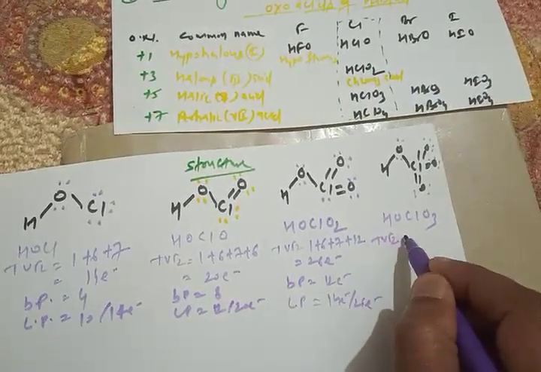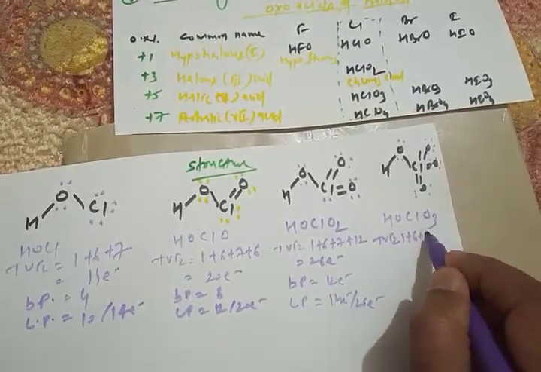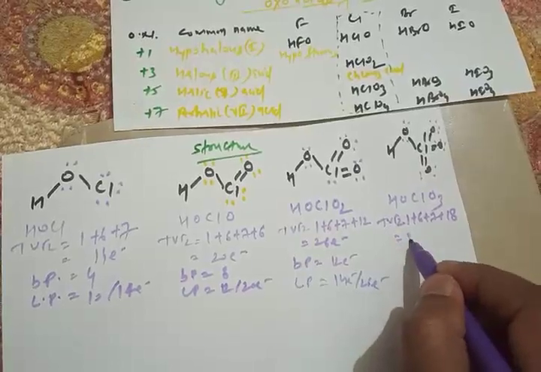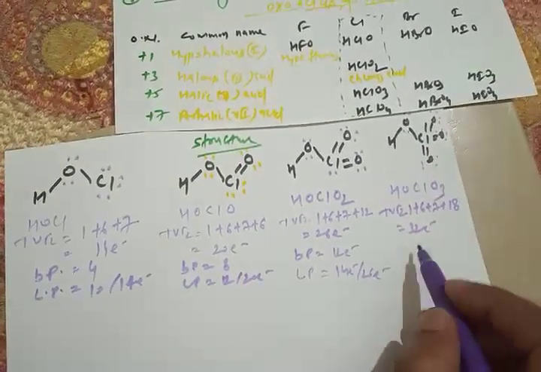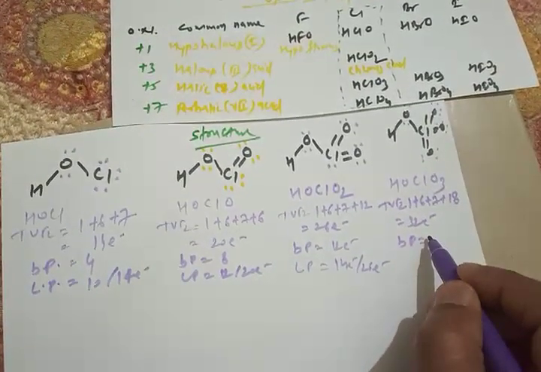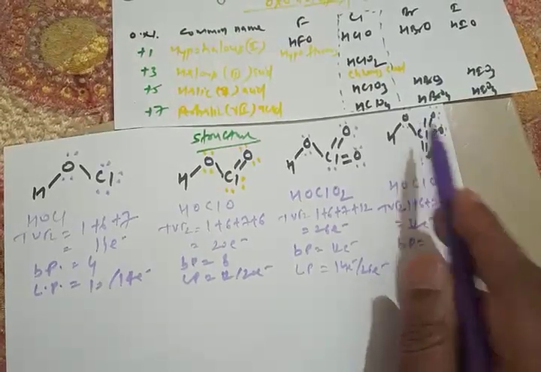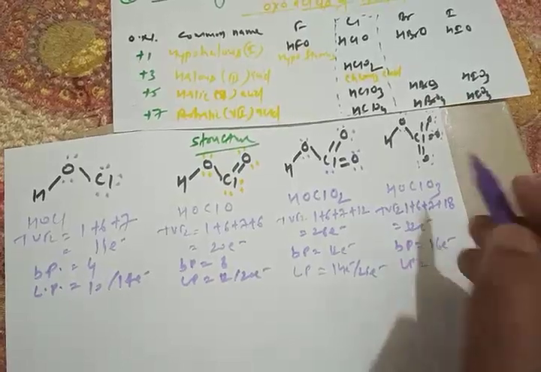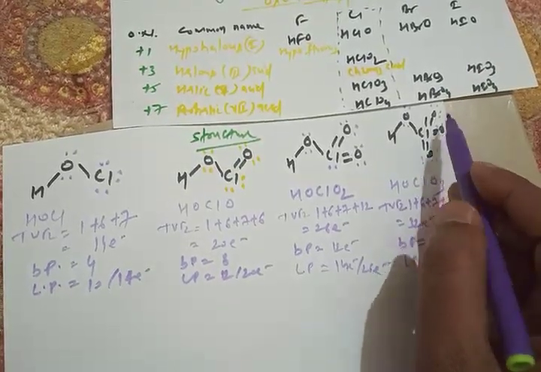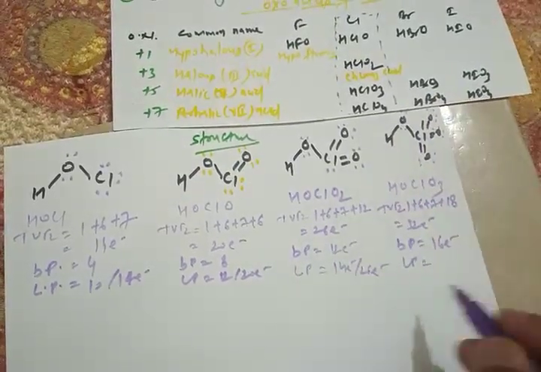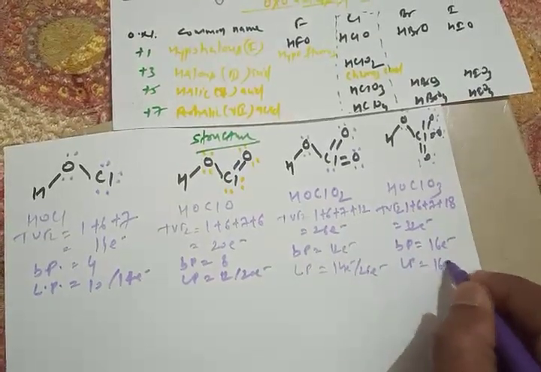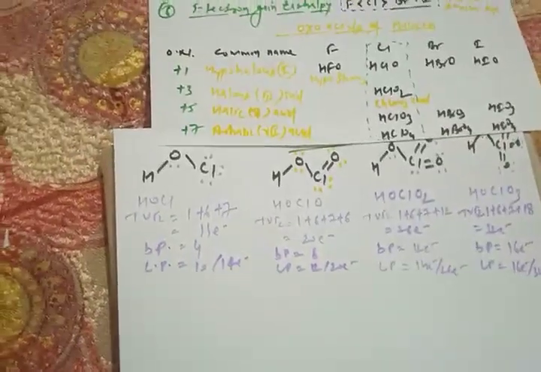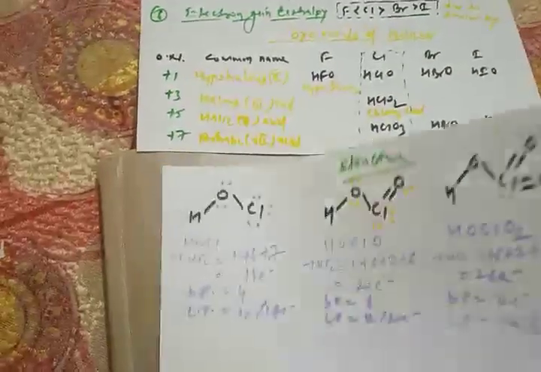Total valence electrons in this case 1 plus 6 plus 7 plus 18, so the total will be 32 electrons. The total is 16 bond pair electrons, and lone pair electrons 4, 8, 12 and 16. So 16 bond pair and 16 lone pair electrons will give you 32 electrons. So this is how the structure is drawn.